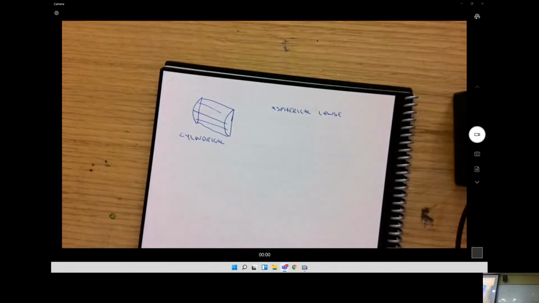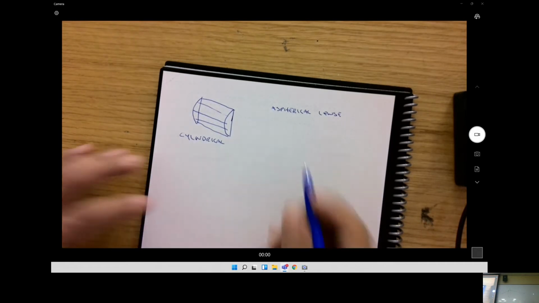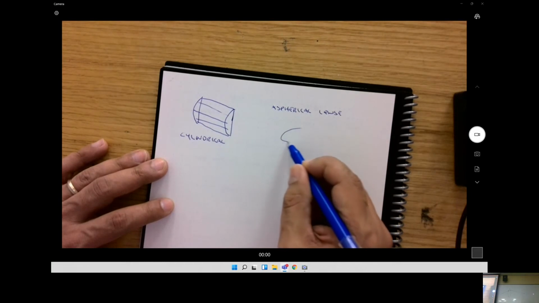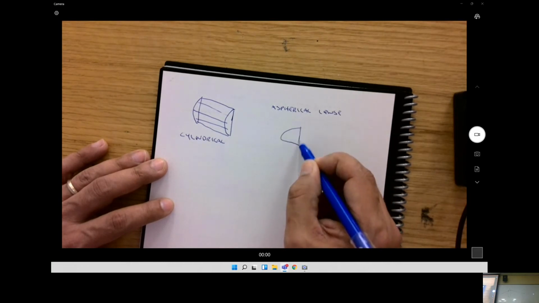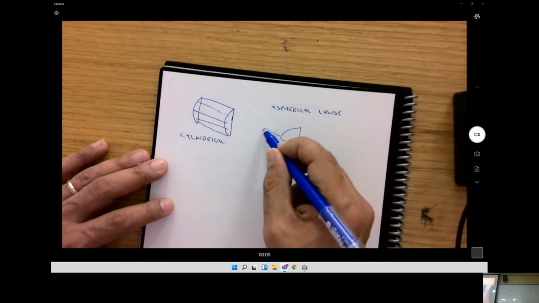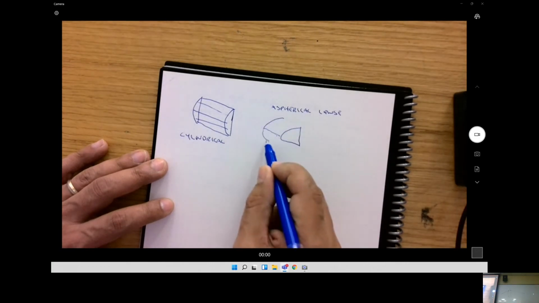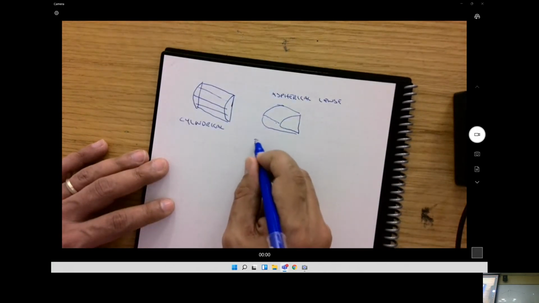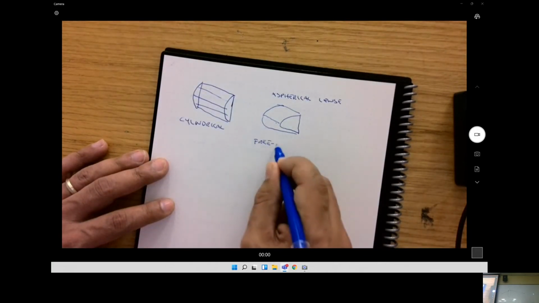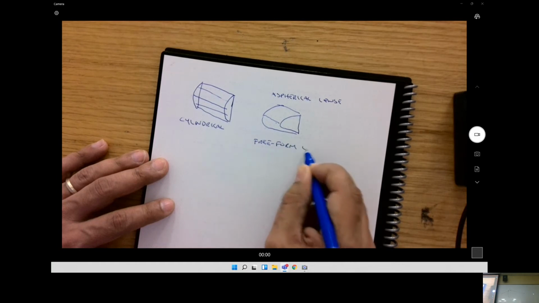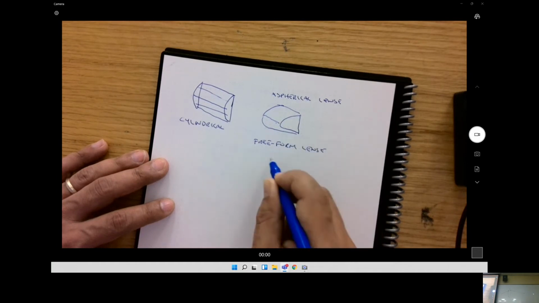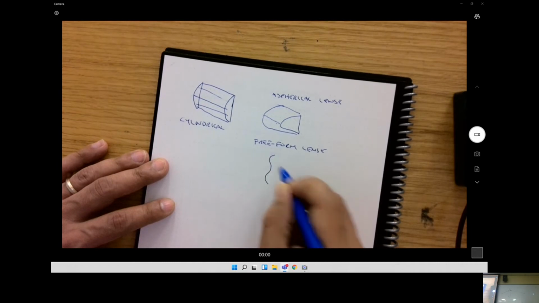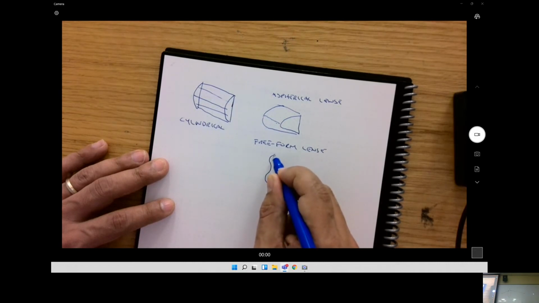In which the profile of the lens is not made by a sphere, but by something else. It can be an ellipse or a toroid or something, so it can be more like a parabola. These are more difficult to draw. And there's something called free-form optics, free-form lenses, in which you can imagine that the shape is kind of arbitrary.